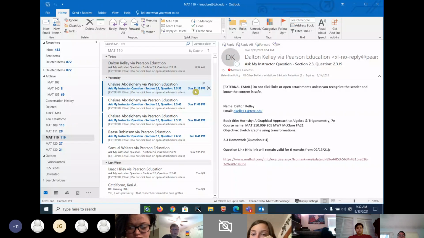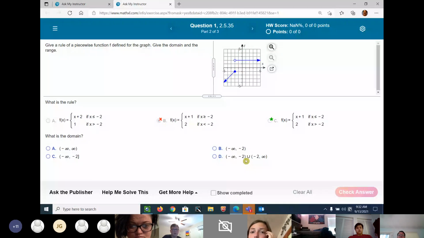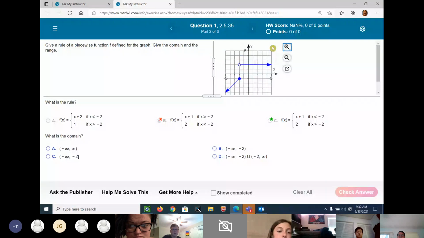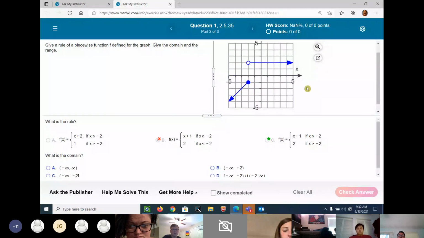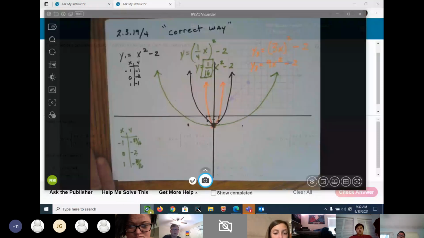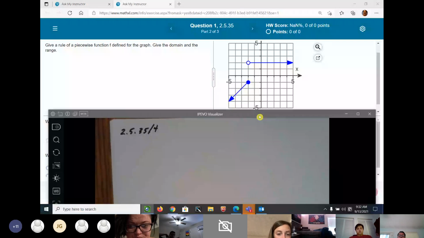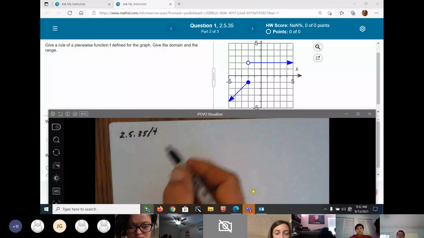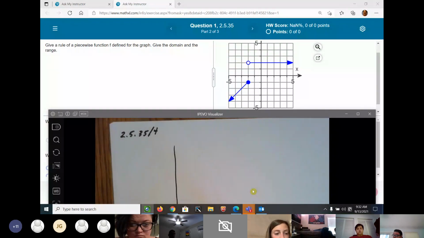Okay, a piecewise function. So let's look at it. I'm going to blow it up a little bit so I can get some points. First of all, ignore the bottom. I'm going to show you what you should be able to tell me about this question without looking at the directions. First, we're going to look at the one on the left. So I'm going to try to draw it.